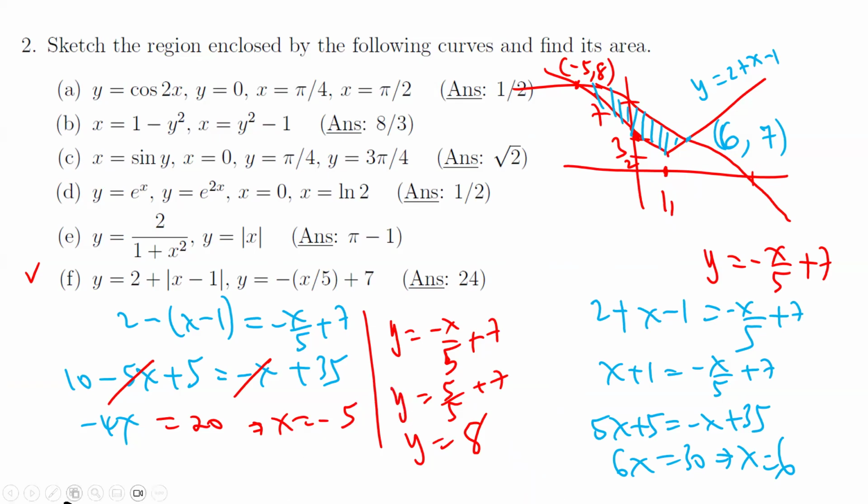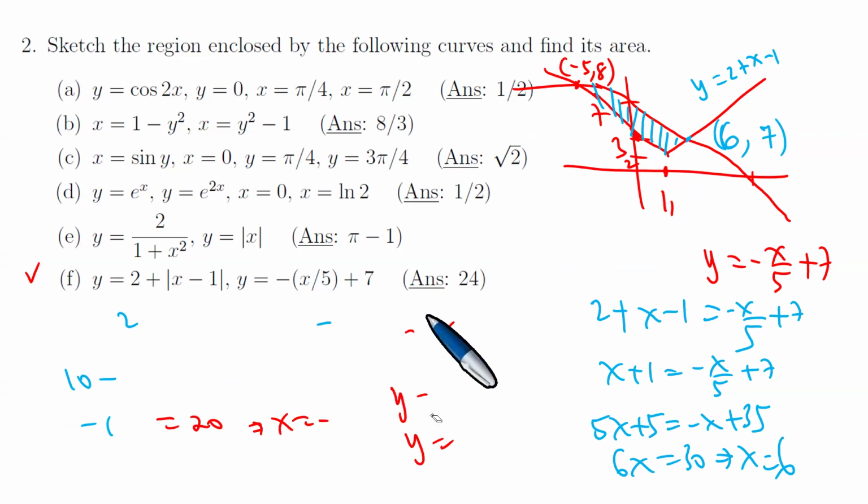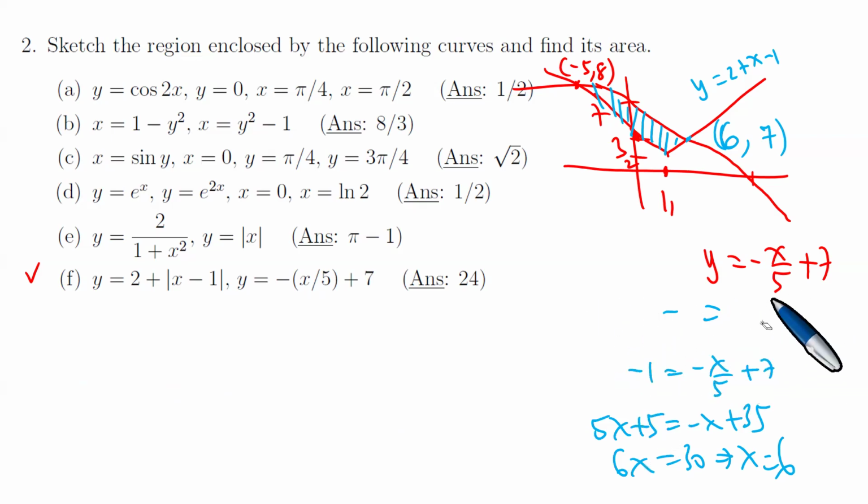So now let's continue. In continuing, we want to find the area that is shaded. Let us determine the shaded area. So it's going to be the following. Okay, let's take a look at the following.